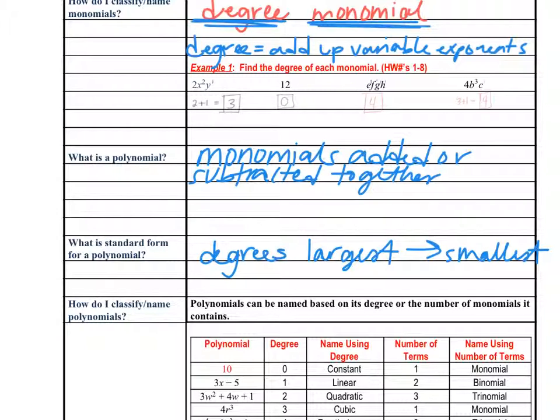I'll write an example for you. So here's an example of a polynomial in standard form, and you had one on the board earlier. 3x squared plus 2x minus 6. Degree of 2, degree of 1, degree of 0. So it's from largest to smallest.